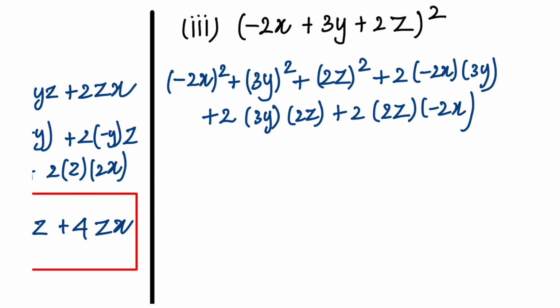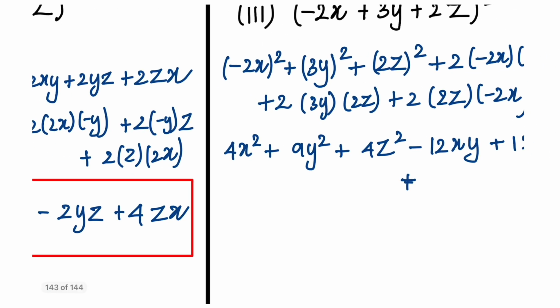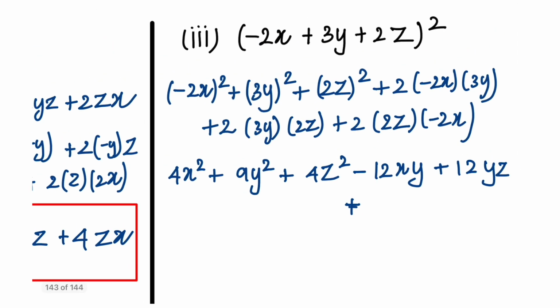You can further expand it. So minus 2x the whole square becomes 4x squared plus 3y the whole square becomes 9y squared plus 2z the whole square becomes 4z squared, and this is 2 into minus 2 into 3, so that's minus 4 times 3, that is minus 12xy plus 2 times 3 is 6, 6 times 2 is 12yz plus the last term here, that is 2 times 2 is 4, 4 times 2 is 8, so this is not plus, it should be minus.